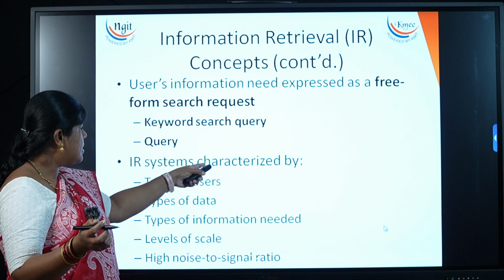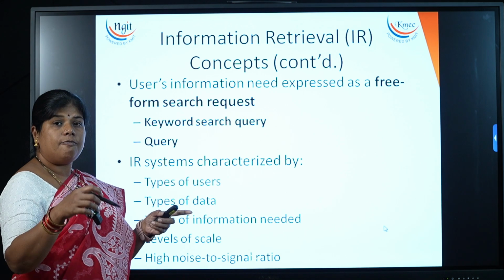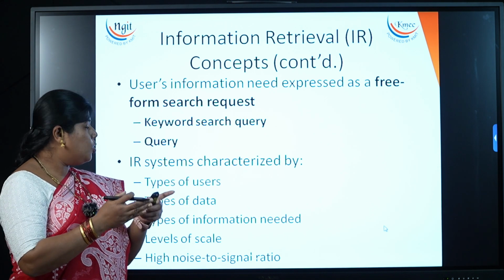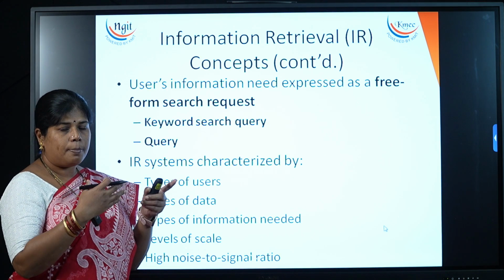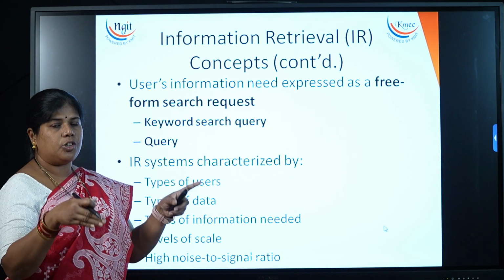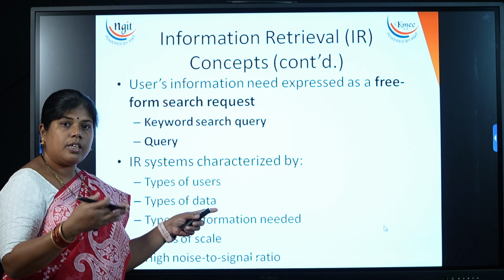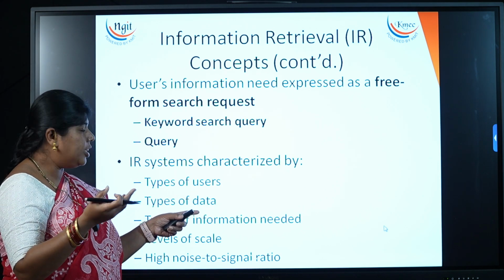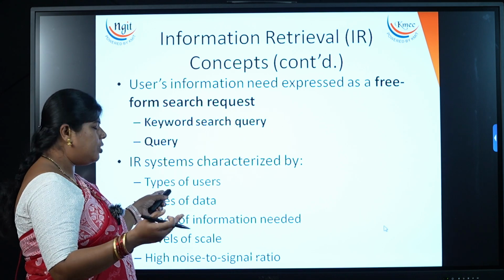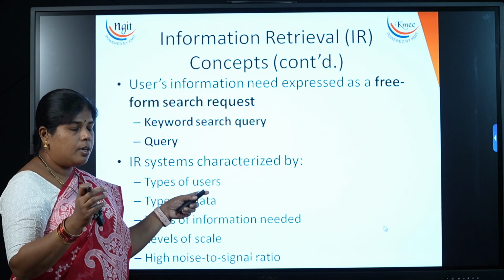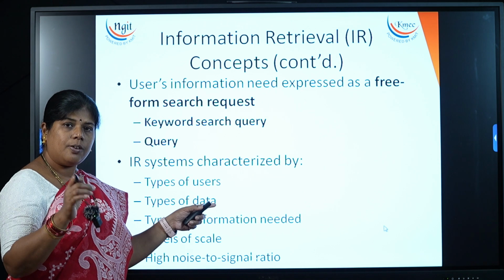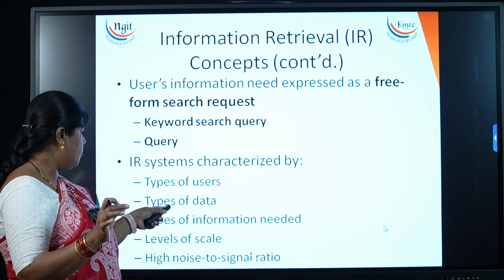So an IR system is characterized by different types of users. That user may know a particular language in which your search engine is operating, or he may be a technical user, he may belong to a different part of the world. So there will be different types of users. But every user will have a need for information.